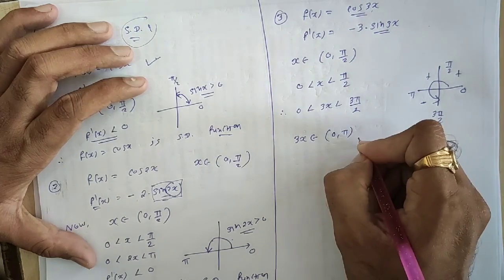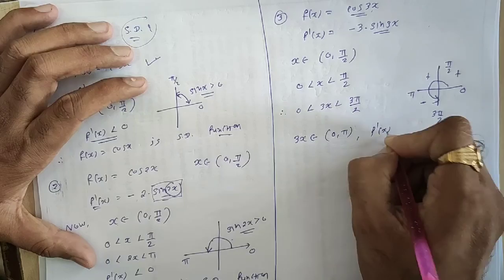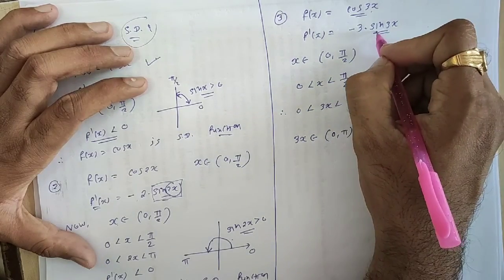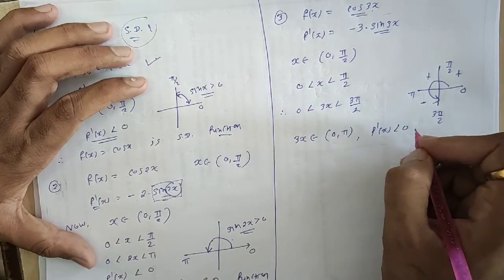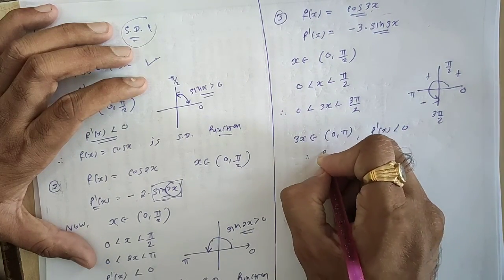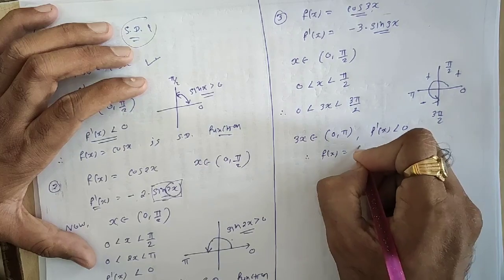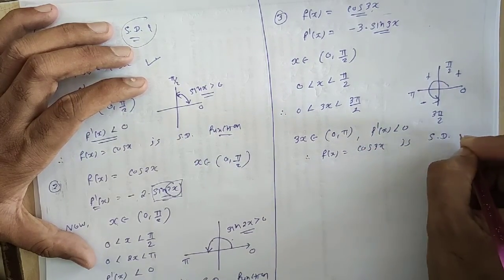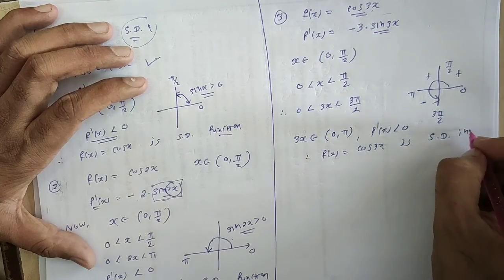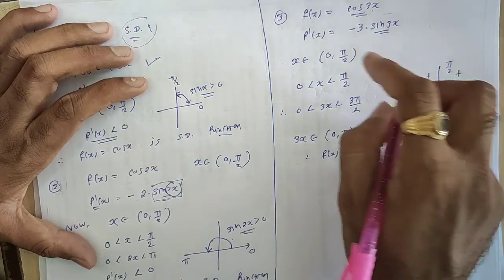So f dash x will be less than 0, right? This sin 3x will be positive, but f dash x will be less than 0, and therefore f of x equal to cos 3x is strictly decreasing function for 3x belonging to 0 to pi.